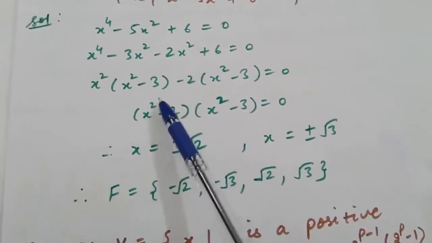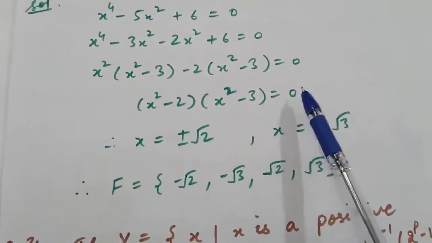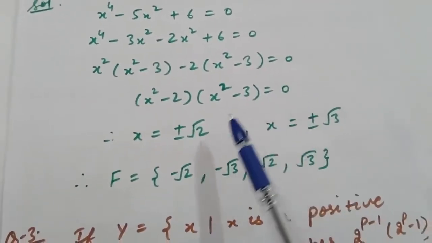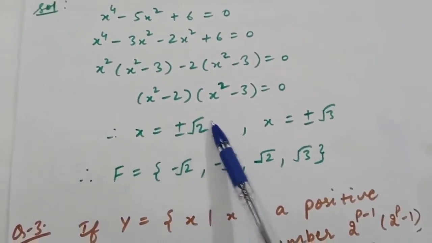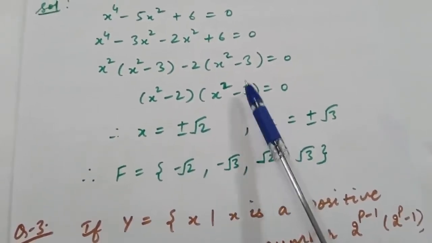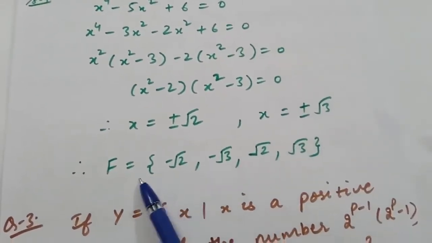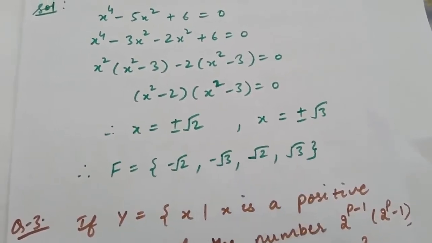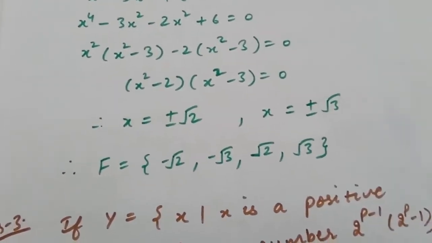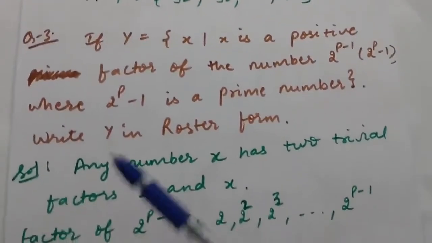So you will get (x square minus 2) into (x square minus 3) equal to 0. Therefore x is either plus or minus root 2, and from this plus or minus root 3. Therefore the set F becomes {root 2, minus root 2, root 3, minus root 3}. Clear?